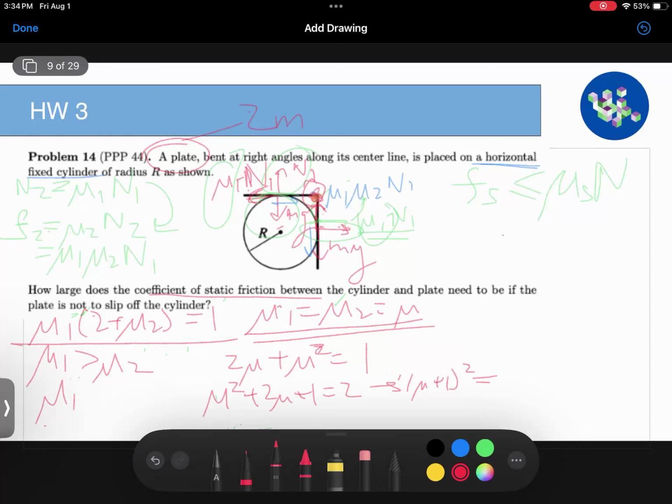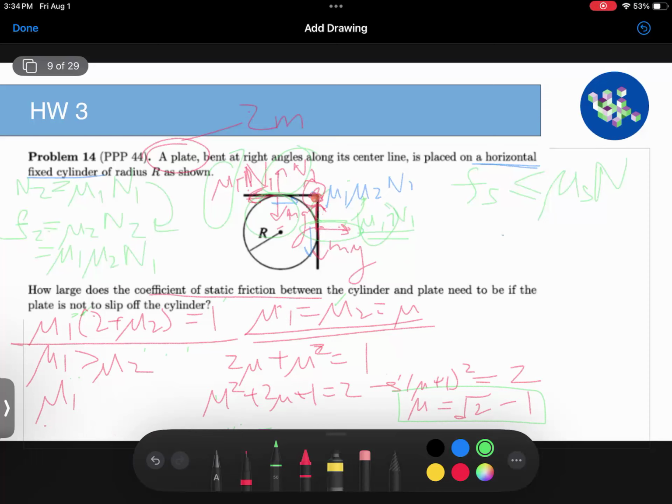That's what it's called. So it's equal to 2, and you're getting mu equals square root of 2 minus 1, which is our final answer for the minimum coefficient, right? Does that make sense to everyone? All right, yeah. So it's around 0.4, which makes sense, right?